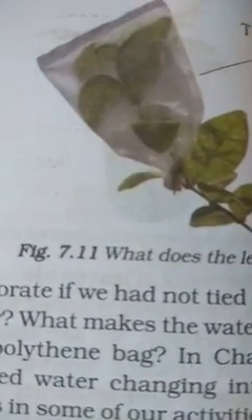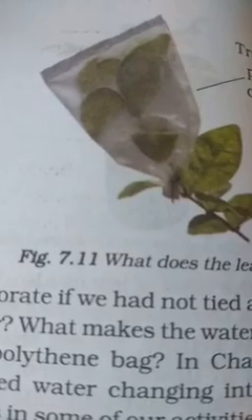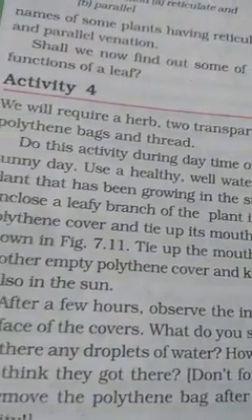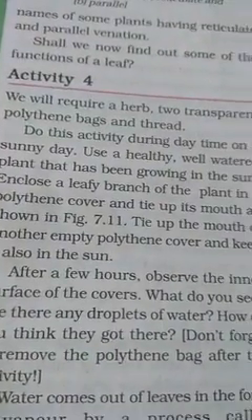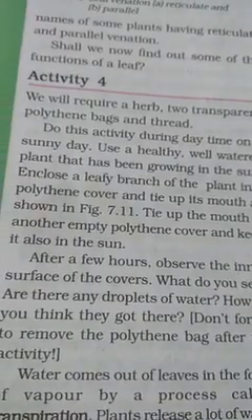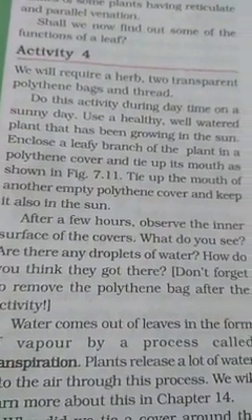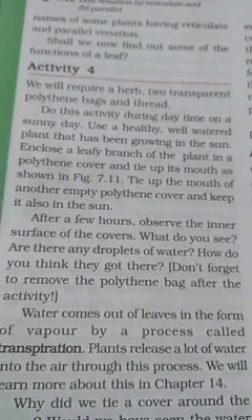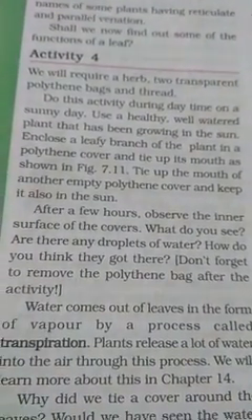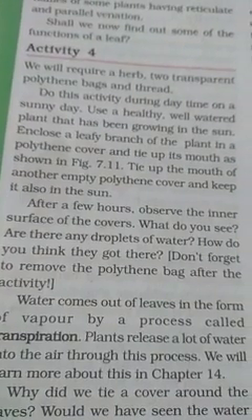You can tightly close the leaves by means of a polythene bag cover, plastic cover. Tie up the mouth of another empty polythene cover and keep it also in the sun. After a few hours, observe the inner surface of the covers. What can you see? The polythene bag has drops of water.